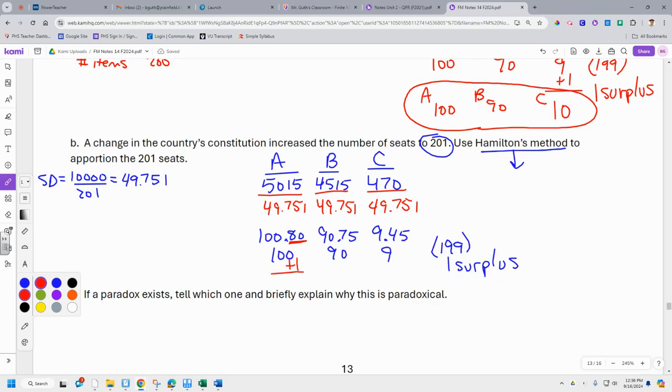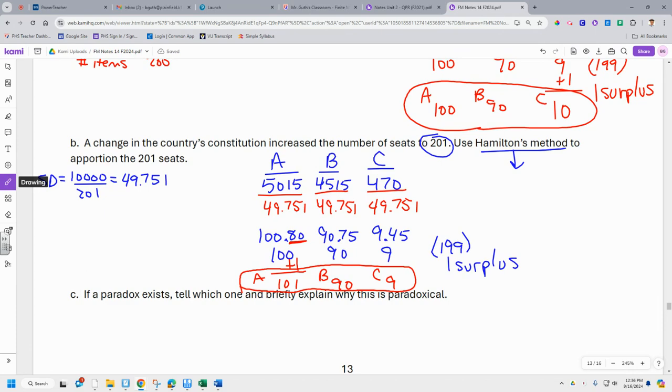Adding 1, we're going to get 101 for A. B still has 90. C has 9. And so there's our new Hamilton's apportionment. So if you compare this result, there's a paradox that exists.